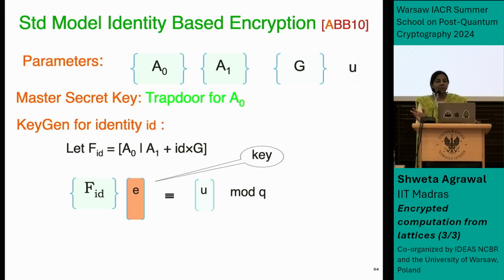If I were to ask you to give me an E such that FID times E is equal to U mod Q, I claim all of us can do it trivially. If there is no bound on the shortness of E, then just Gaussian elimination will do it, right? Add random rows, make FID square, for instance, and then just invert.